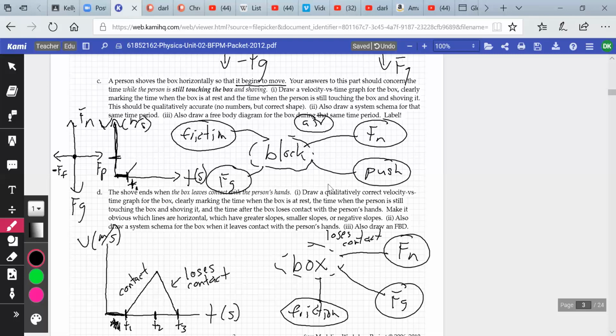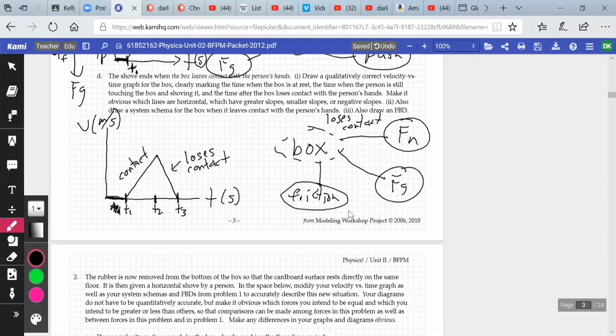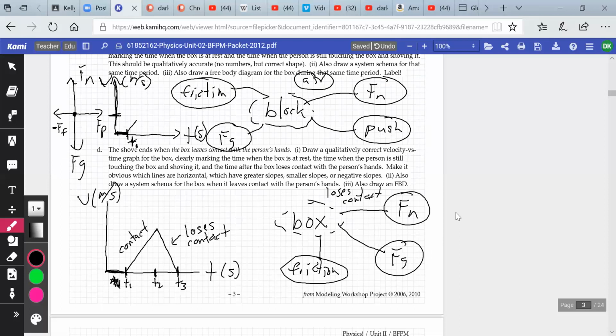So I don't have space per se for that. But when I'm in contact, you can just draw another force, which is the force of your push. Okay, so when I'm in contact with the object, I'm just going to squeeze this here.